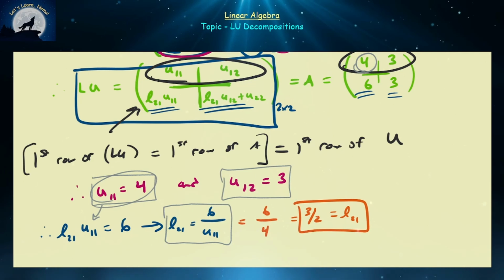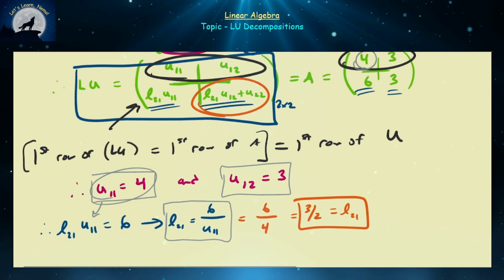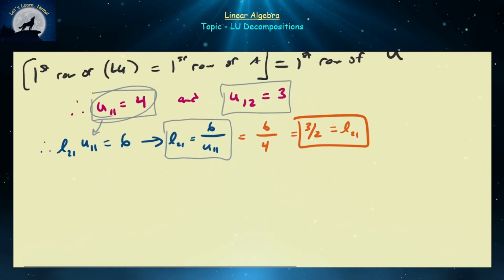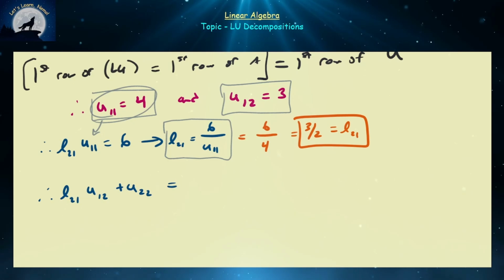And then, what do we have? Our last value that we seek is U2,2, the bottom corner of U. And we can get that from this last equation that we have here. So let's write that out. We have that L2,1 times U1,2 plus U2,2 must be equal to our value of 3 in the bottom right-hand corner of our A matrix.